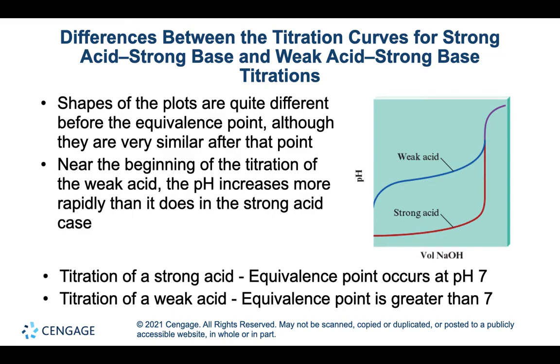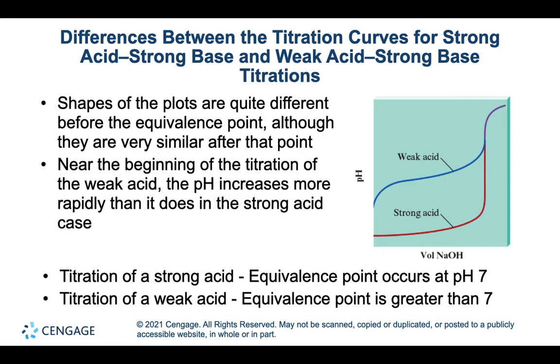So picking the right indicator, because different indicators change colors at different pHs, is much more critical with a weak acid because you have less forgiveness because you have less vertical region to your equivalence point area.